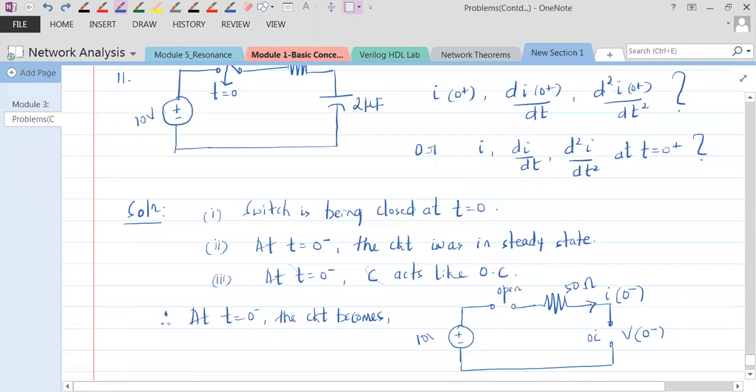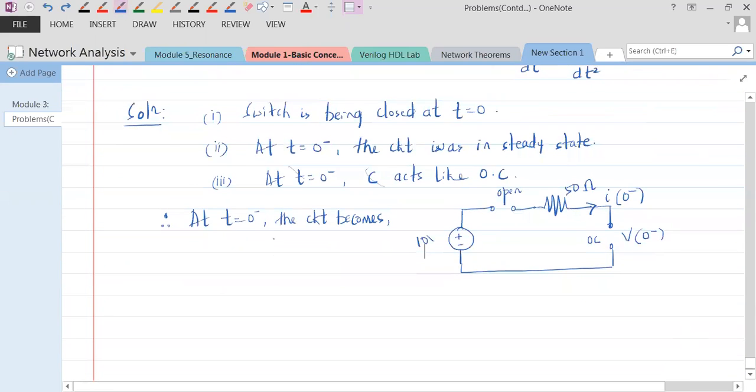Similarly, since the supply is not there, V of 0 minus would also not drop. Therefore, I of 0 minus is 0. Similarly, V of 0 minus is also 0.